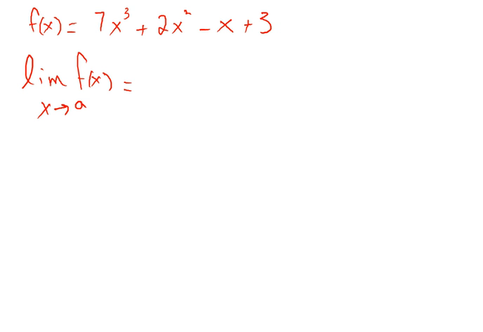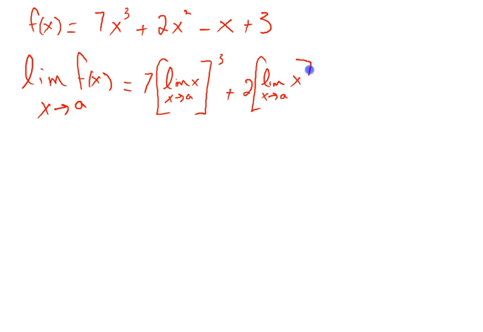This can be 7 times the limit of x as x approaches a, and then take that and cube it, plus 2 times the limit as x approaches a of x, take that and square it, minus the limit as x approaches a of x, plus the limit as x approaches a of 3. Okay, so we broke that up.